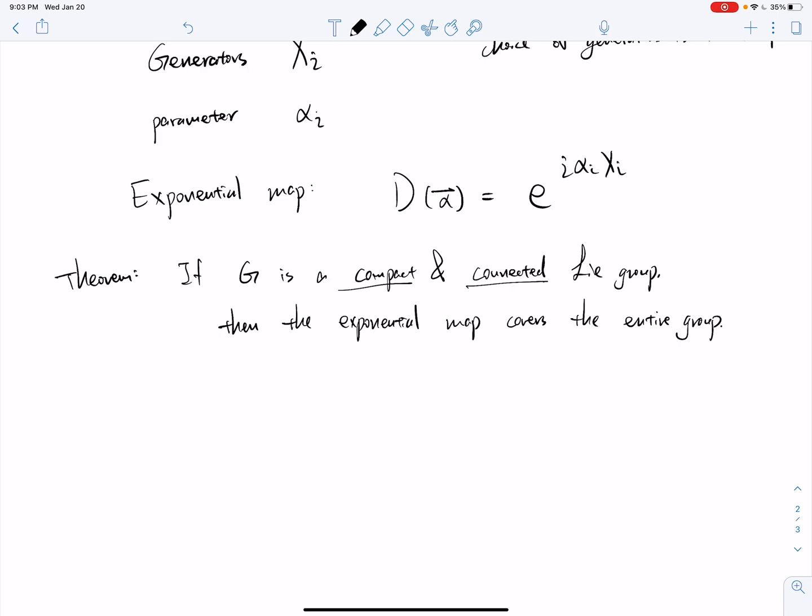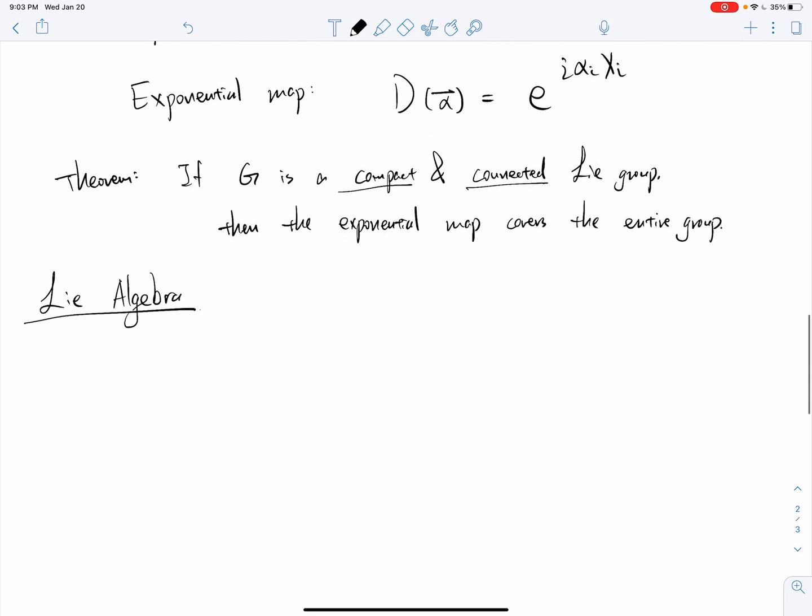Now that we've shown the structure of a Lie group, we introduce, I would argue, the most important idea about Lie groups: the Lie algebra. The generators of a Lie group follow the Lie algebra.